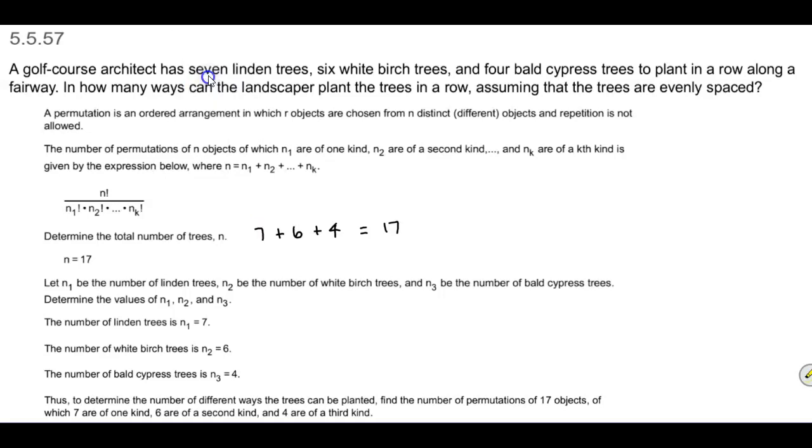Then we have 6 white birch trees, so the number of white birch trees is n subscript 2, which is equal to 6. And then we have 4 bald cypress trees, so the number of bald cypress trees is n subscript 3, which is equal to 4.